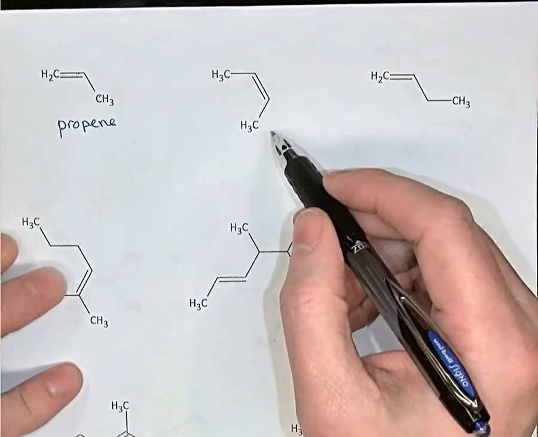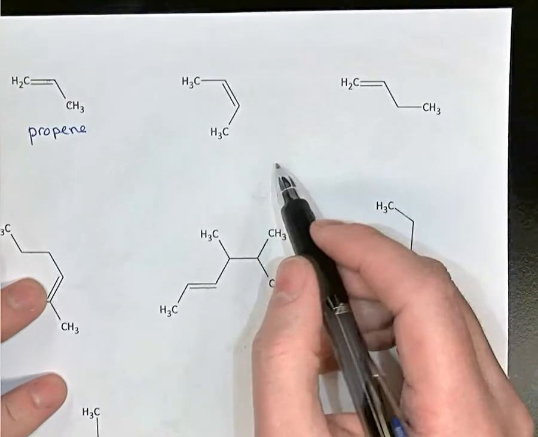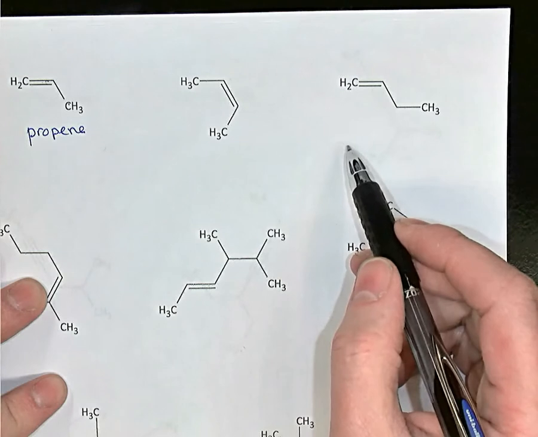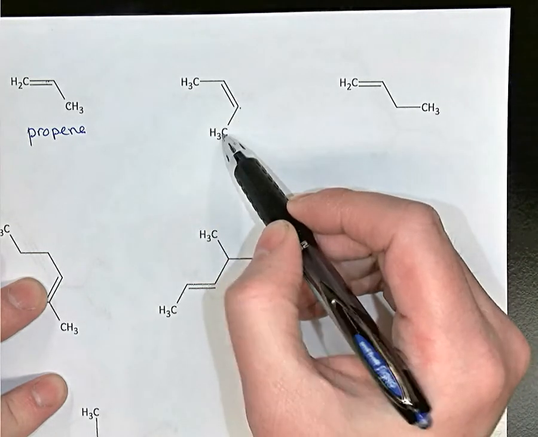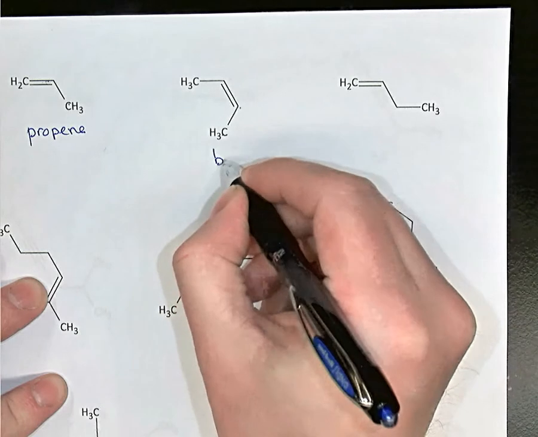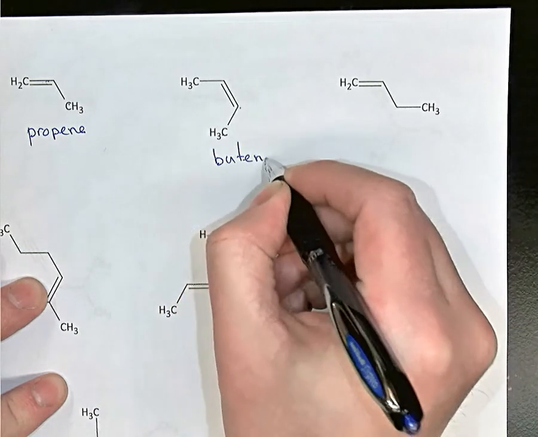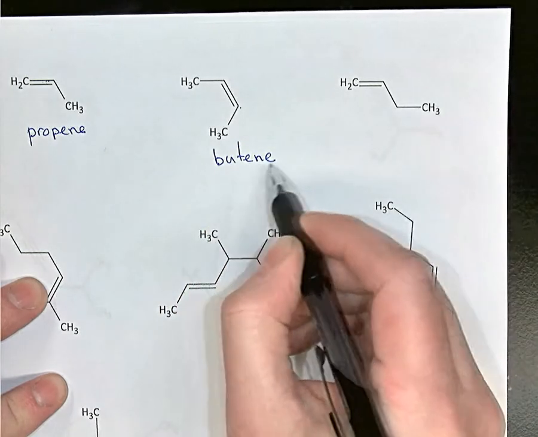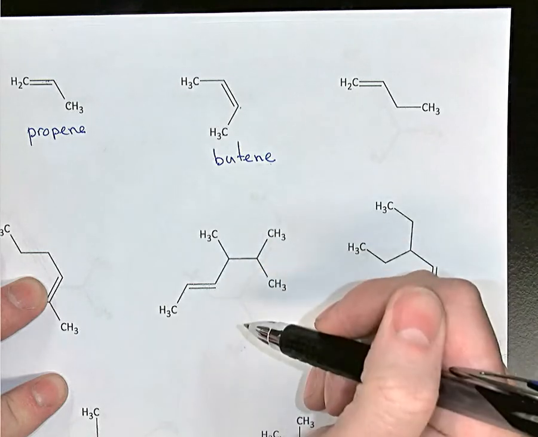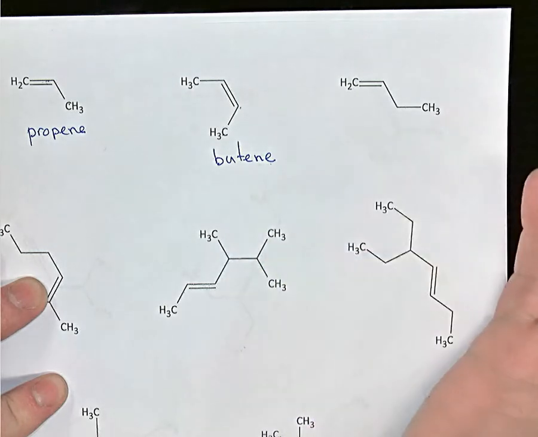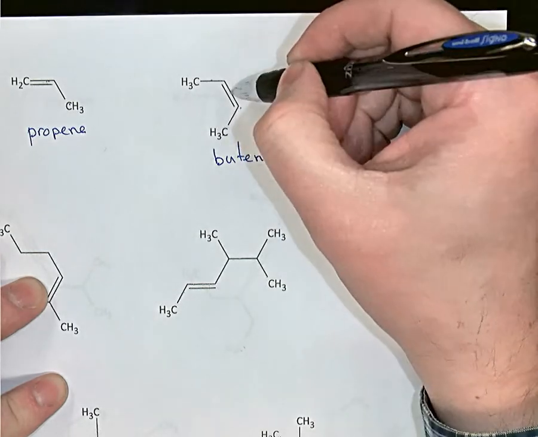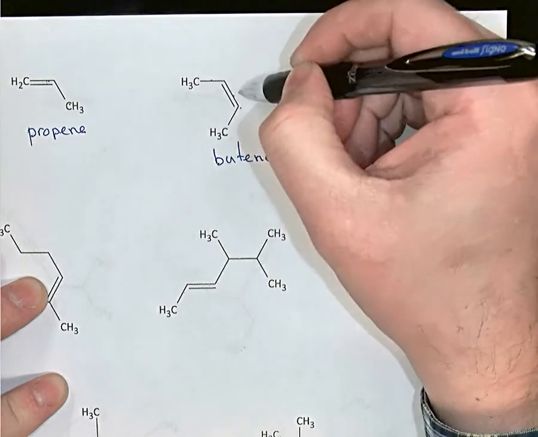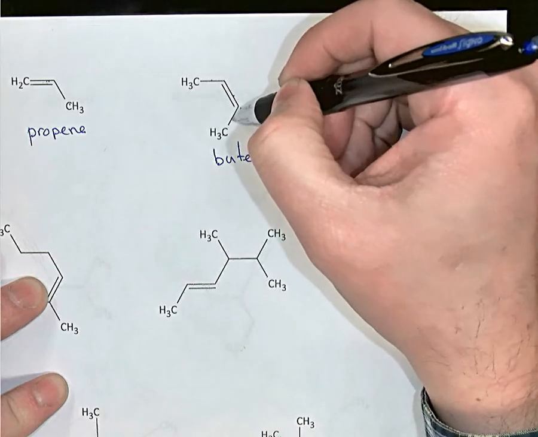The second example, though, is a little bit different. In fact, the second and third examples illustrate this. So this is 1, 2, 3, 4 carbons. So this is going to be a butene, 4 carbons, okay, with a double bond, so butene instead of butane. But does it matter where we put the double bond? In this case here, it's the first or the second bond, depending on, it doesn't matter which way you count, so first, second.